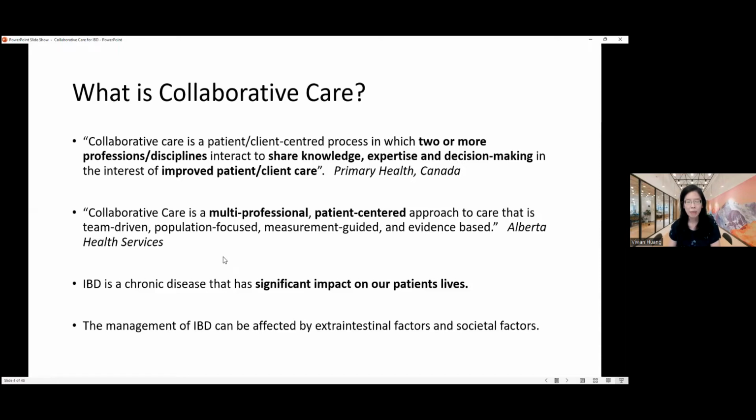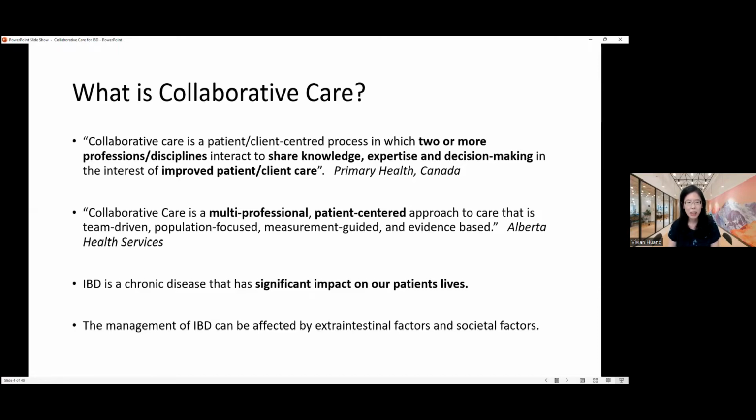Similarly, I did my IBD fellowship and worked in Alberta, and Alberta Health Services has a really nice, very similar definition: a multi-professional, patient-centered approach to care that is team-driven, population-focused, measurement-guided, and evidence-based.